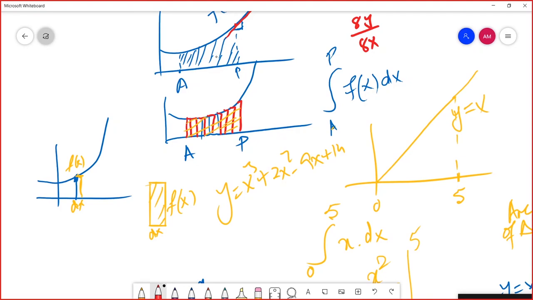You understand that? The two examples we did with respect to speed, which is kilometers per hour, we found the total distance by integrating the curve. And in the last example, we had sales per week, and by integrating it, we were able to find the total sales in the 4 weeks.